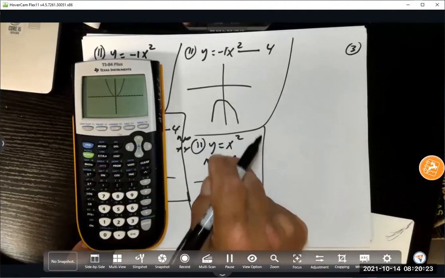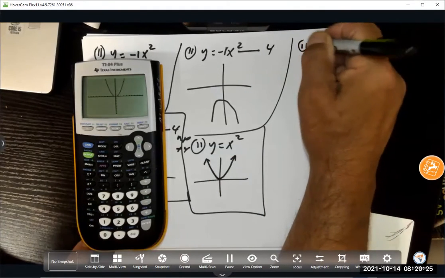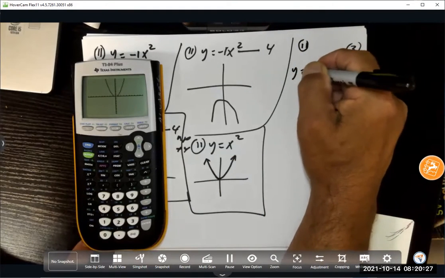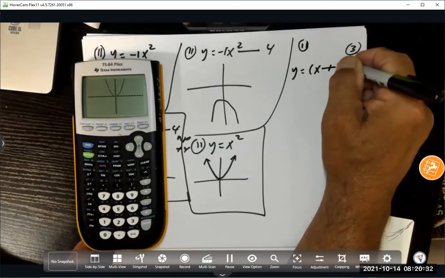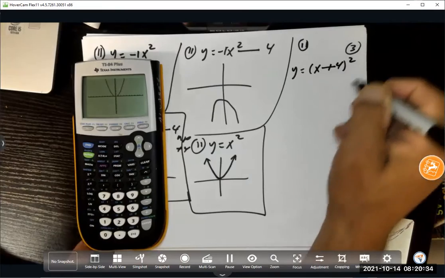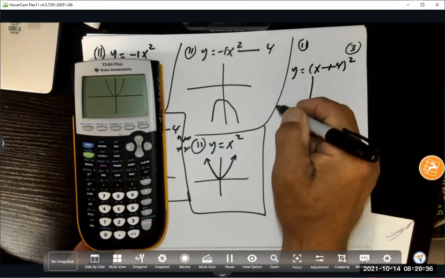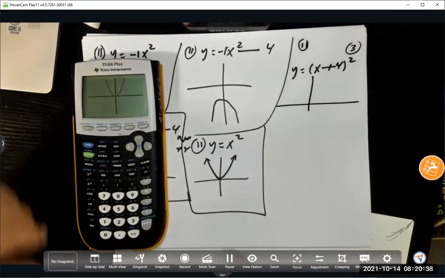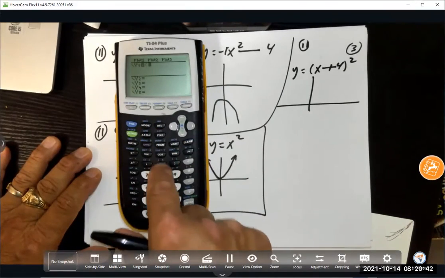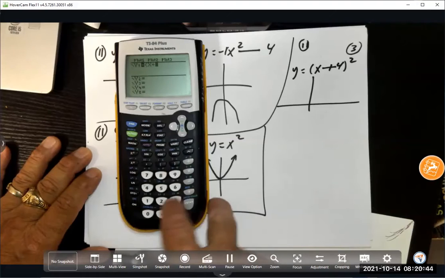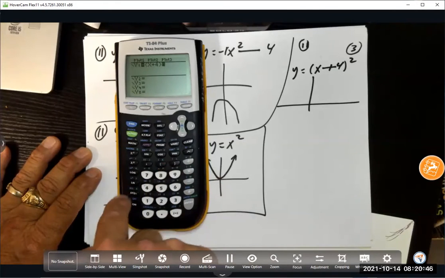Now I'm gonna do two things to this. First, I'm gonna do this to it. I'm gonna go x plus 4 squared. Okay, so we're gonna do this graph first. So y, clear, parentheses, x plus 4 squared.